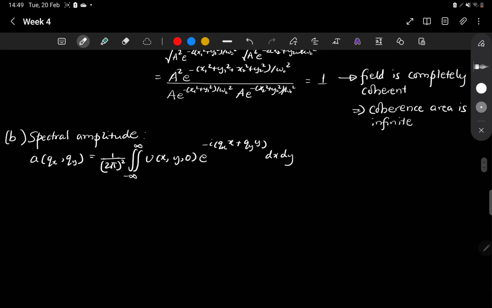It's a Fourier transform. It's a Fourier relation, so we need to find this Fourier transform.